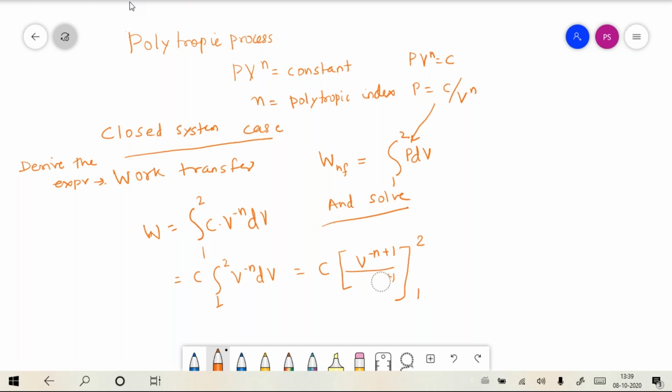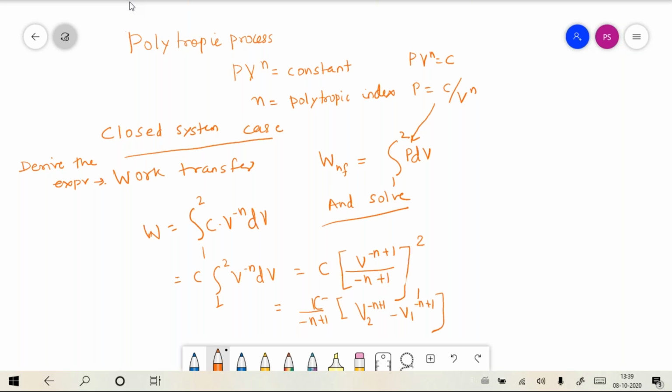Now I will show the method of solving this. What you need to do is 1 upon minus n plus 1, C times V2 raised to minus n plus 1 minus V1 raised to minus n plus 1. You solve this. Use the same trick as we had used for the adiabatic process while multiplying C inside here.